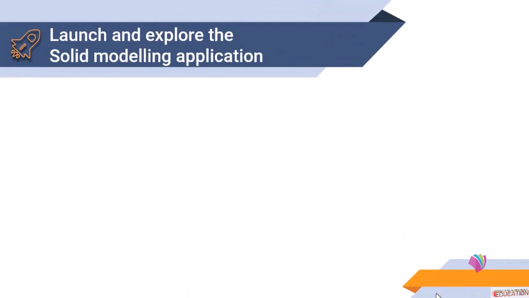From this lecture, we are going to get into the solid modeling application of any CAD software. There are few steps that you should follow while entering into the solid modeling application. The first step is, do you remember we had created a rectangle of 100 into 50 mm? So we will open the rectangle file that we have saved in our desktop.